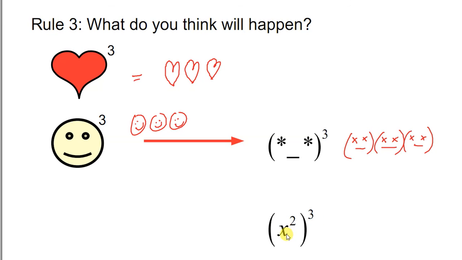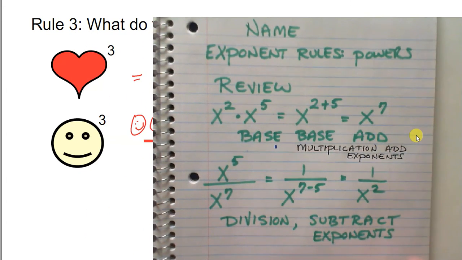So what is x squared to the third? Well, x squared to the third is really x squared times x squared times x squared, isn't it? We're going to get that into our notes. What is x squared to the third?